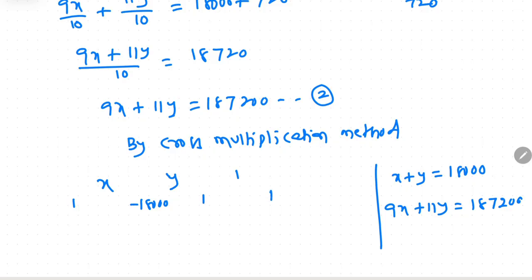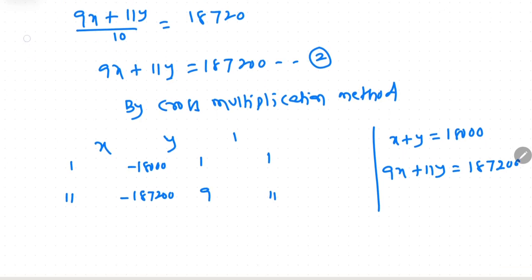Now b2 value is 11, c2 is minus 1,87,200 and a2 is 9, b2.